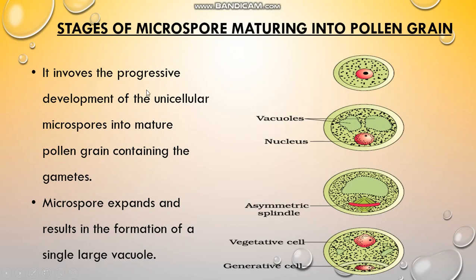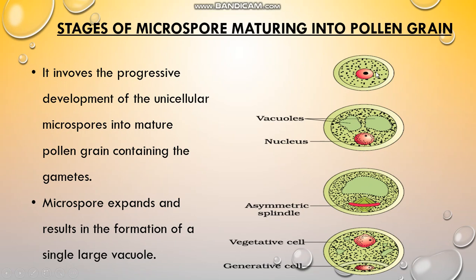Now, next is the stages of microspore maturing into pollen grain. You can see a single microspore is there. Its nucleus is haploid, that is n, one set of chromosomes is there. First, this microspore enlarges, its volume increases. Once the volume increases, formation of vacuole takes place inside it. Due to the formation of a large vacuole, the nucleus which was present in the center is pushed towards the microspore wall.